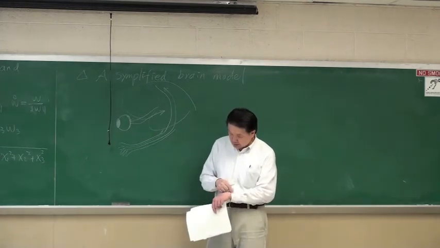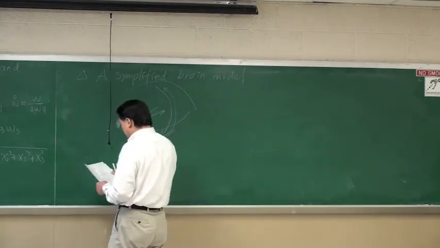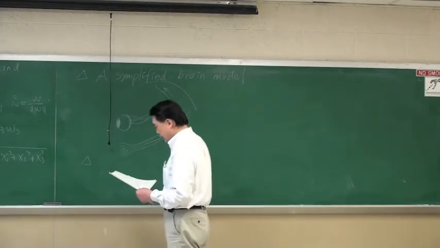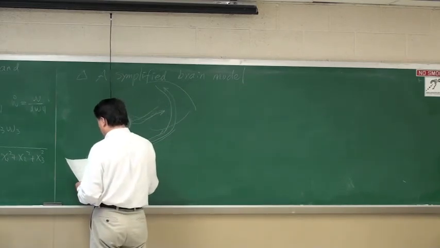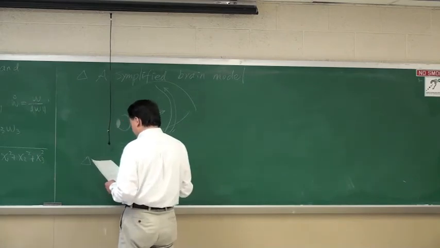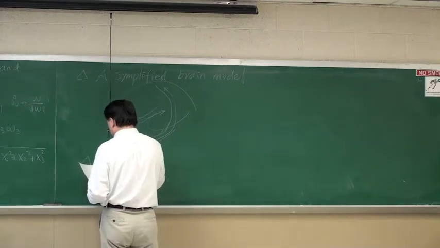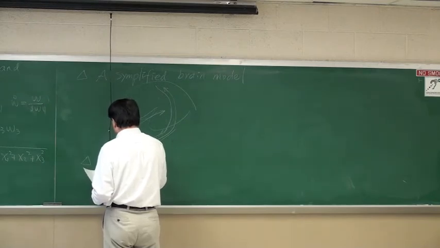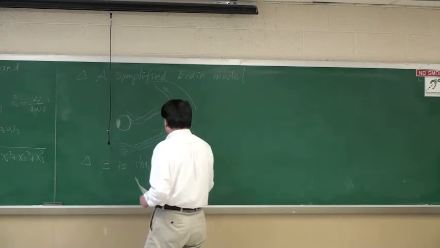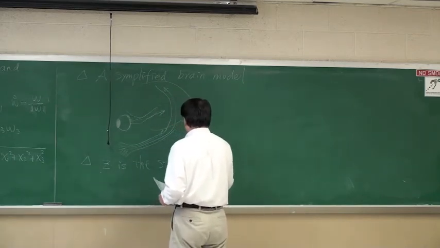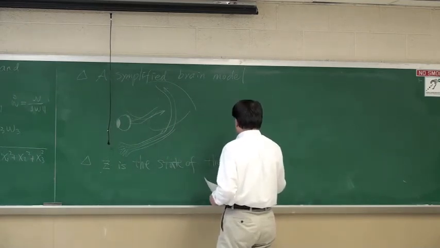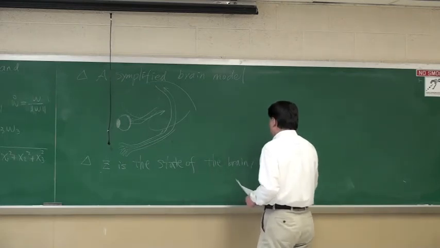Next, let me see what I've done. In our previous model, Z is the state of the brain, or FA, because we say the FA is the model.